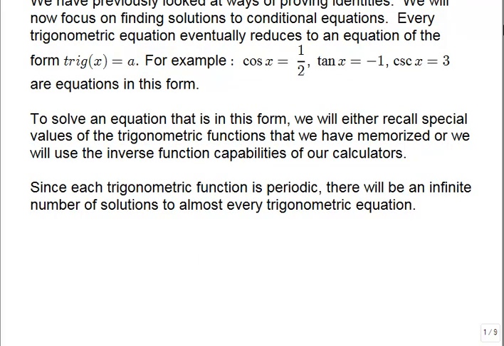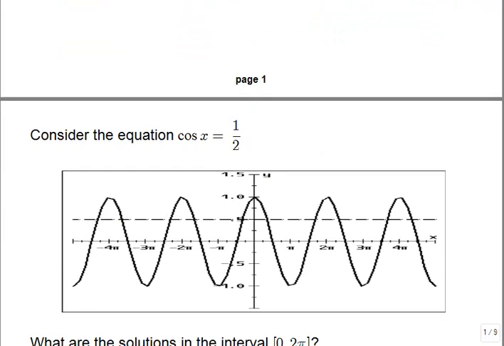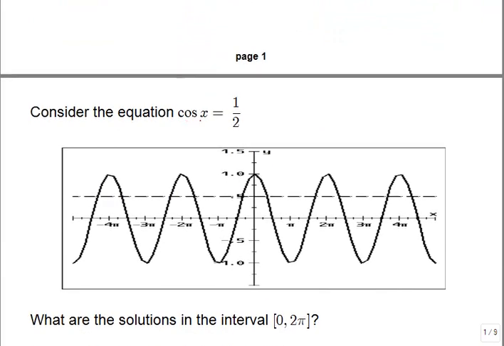Now to solve an equation that is in this form, either we will remember our special values of our trig functions from our unit circle that we have memorized, or we may have to use the inverse function capabilities on our calculators. Now since each trig function is periodic, there will be an infinite number of solutions to almost every trig equation. For example, suppose we wanted to solve cosine of x equals a half. So if you think about the graph of cosine of x, here it is, with all of its periods repeating over and over and over again.